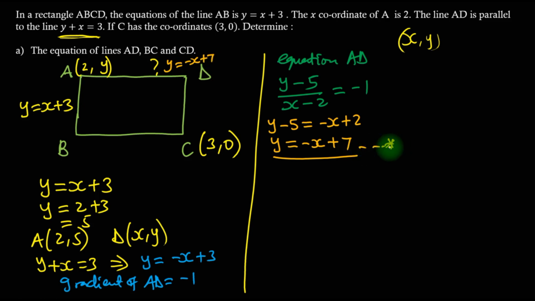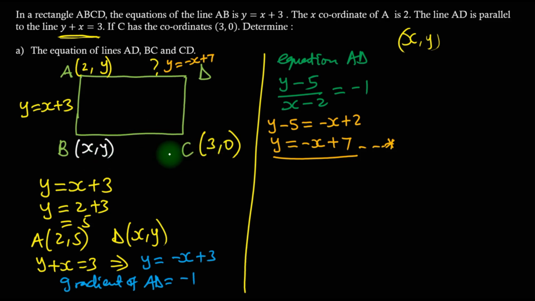Then from there, we can also get the equation of BC. Let us call a point on BC (x, y), and since BC and AD are parallel to each other, they have the same gradient. In our case, the gradient is minus 1.